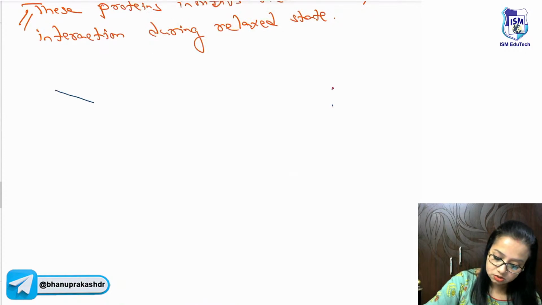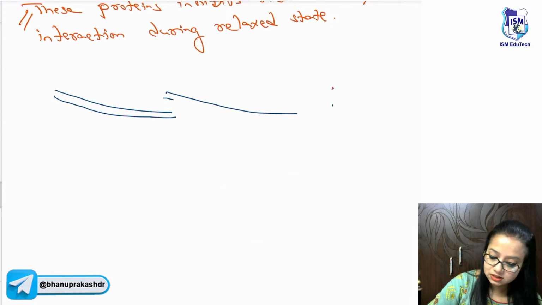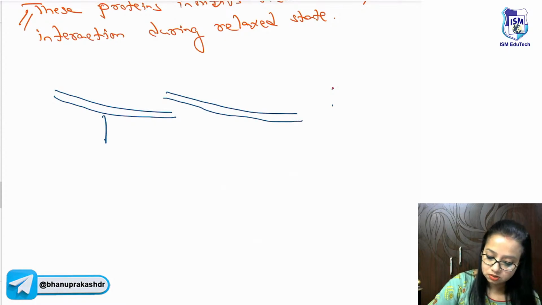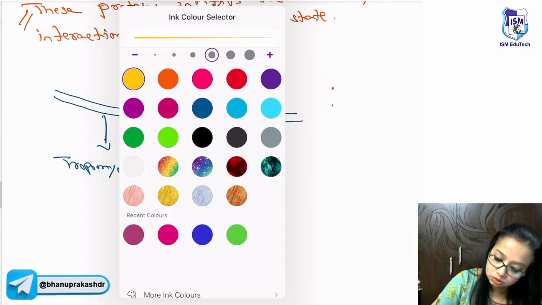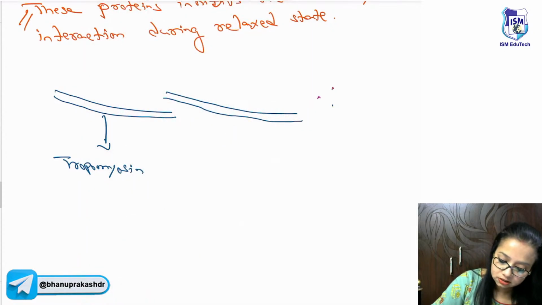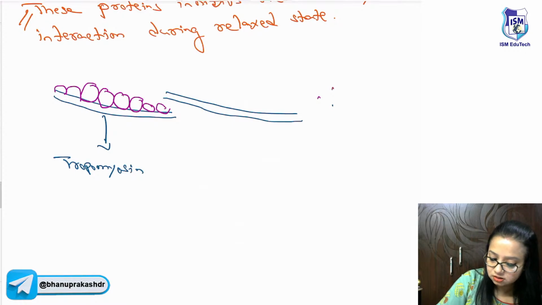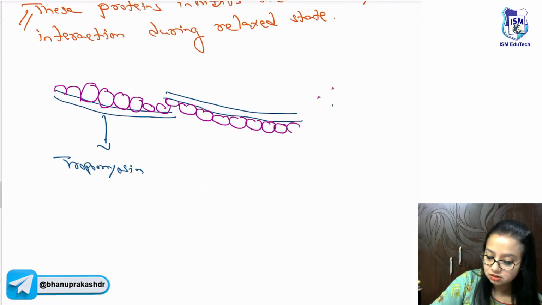Drawing the tropomyosin. Okay. Now this is the tropomyosin. What it does, it enters through the grooves. It is like grooving between this actin filament. This actin is lying as a double helical. Okay.